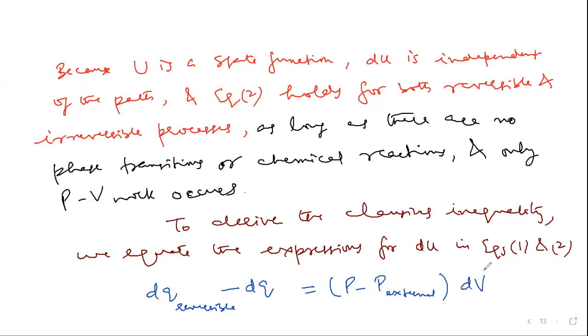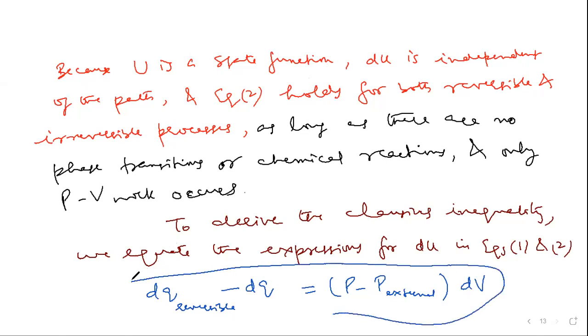Right? dq reversible minus dq is equal to p minus p external times dV. We name it equation 3. I've used 1 and 2.